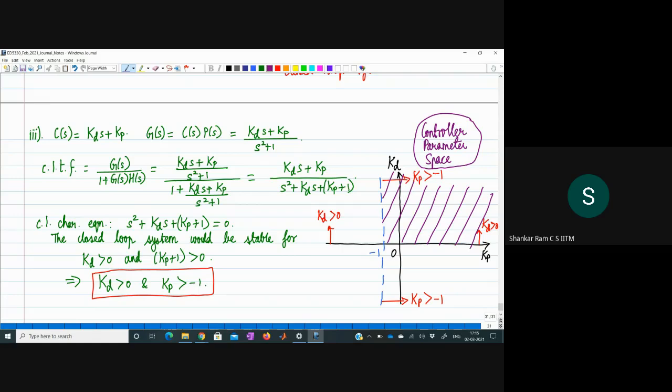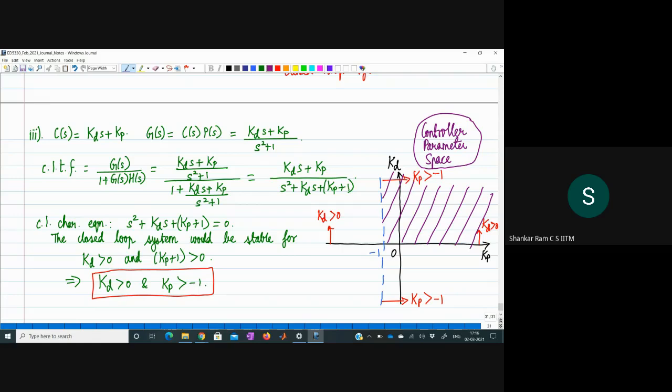We can immediately observe that by using the Routh stability criterion, we are able to obtain the region of the controller gain for which we will get closed loop stability. And then we will go forward when we learn more concepts.